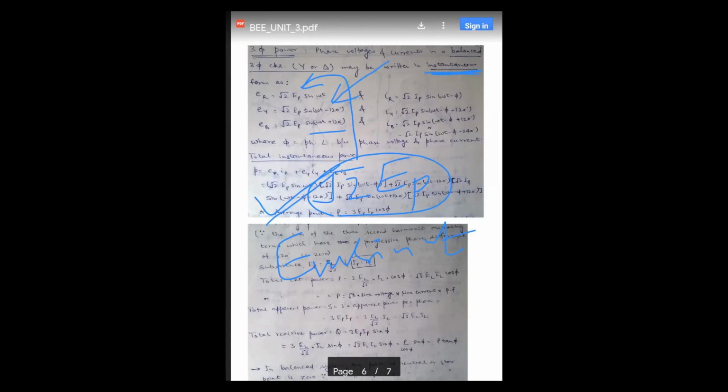Now we are discussing the case where this supply system is connected to a three-phase load. As I have told you earlier as well, the maximum load which is present or used worldwide is resistive load and inductive load.